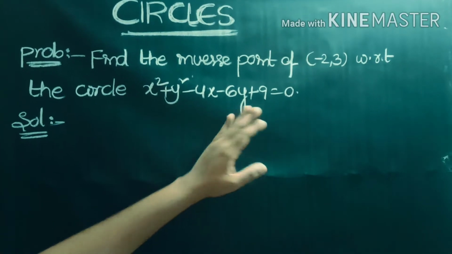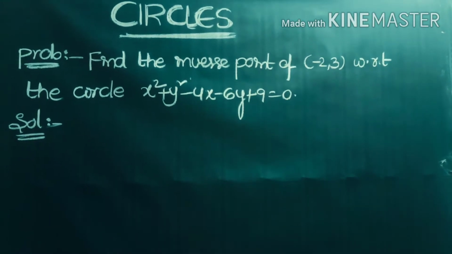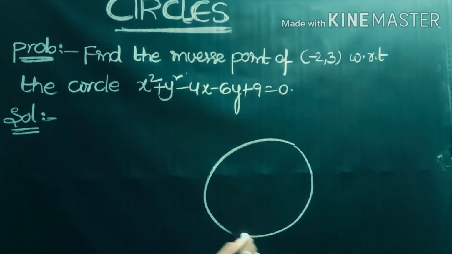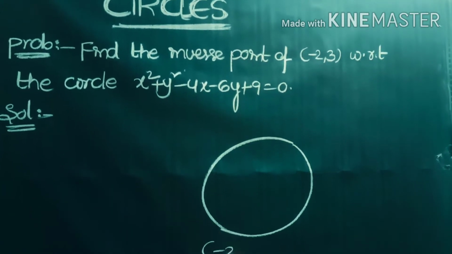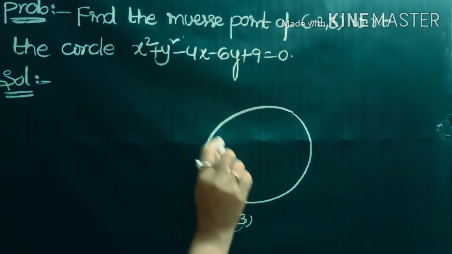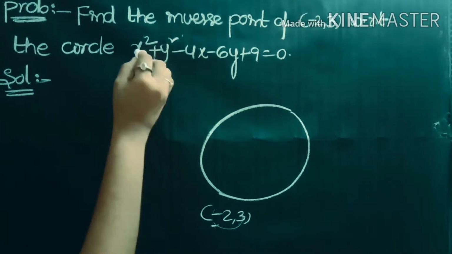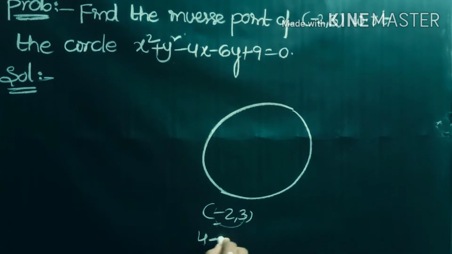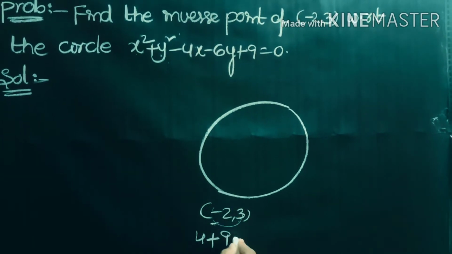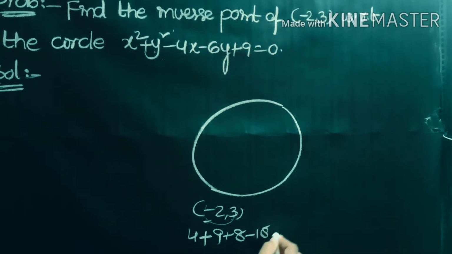Find the inverse point of (-2, 3) with respect to the circle x square plus y square minus 4x minus 6y plus 9 equals 0. First, one circle is given and one point is given, the point (-2, 3). We find the relative position of this point with respect to the circle, by substituting the point in the circle: 4 plus 9 minus 4 into minus 2 plus 8, minus 6 into 3 minus 18, plus 9.